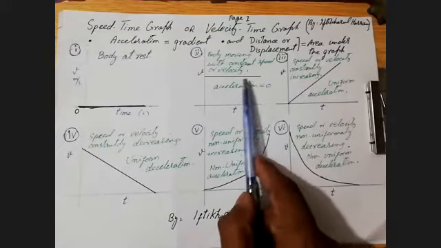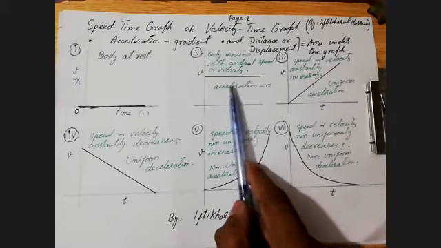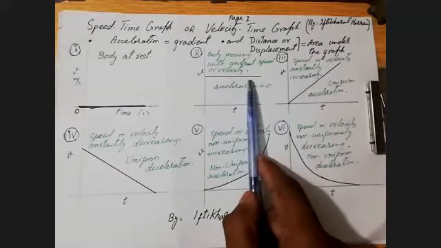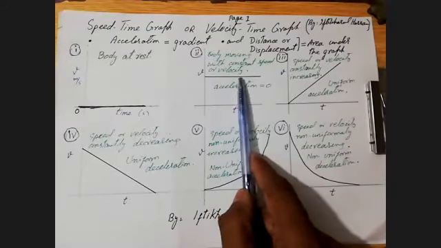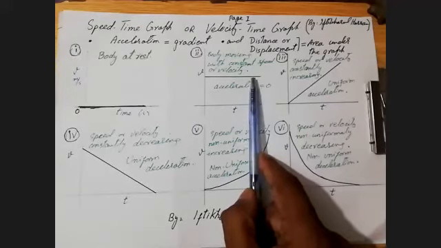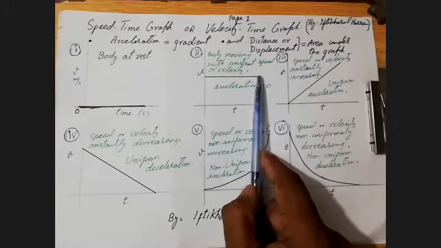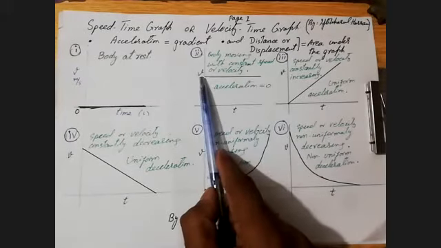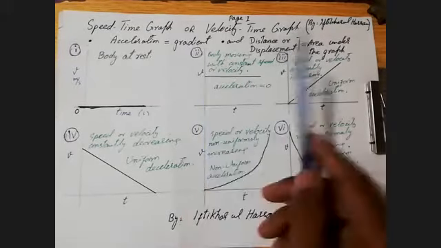So remember this, while looking at the graph, we have to decide from the line of the graph only whether the velocity is uniform or not. This horizontal line is showing that the velocity of the body is uniform, whatever the value of the velocity may be at this instant, so that value will be taken.